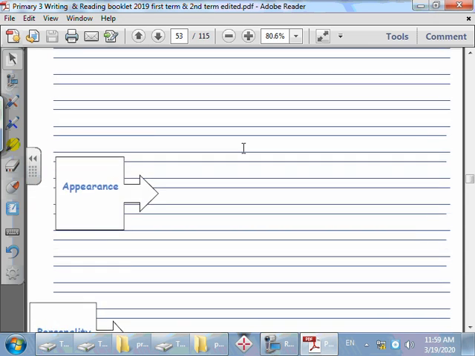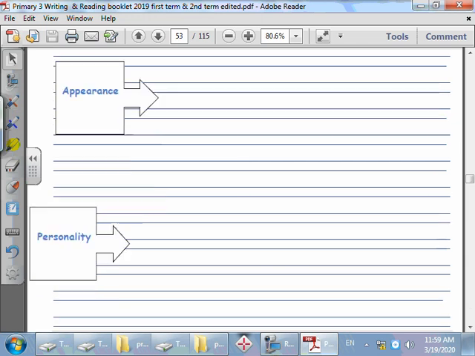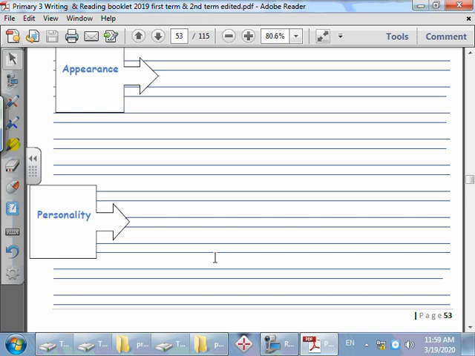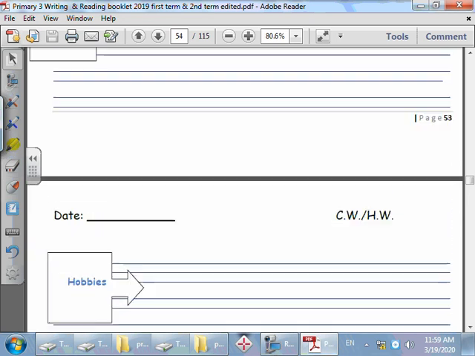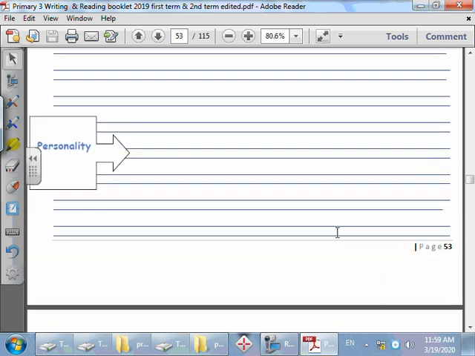Okay, so the appearance, you're going to write the facial features, her body, yes, her clothes, she's stylish, she's fashionable, yes, she likes to wear dresses, okay? And then the personality, you're going to say, for example, my mom is cheerful, she always smiles, she is helpful.